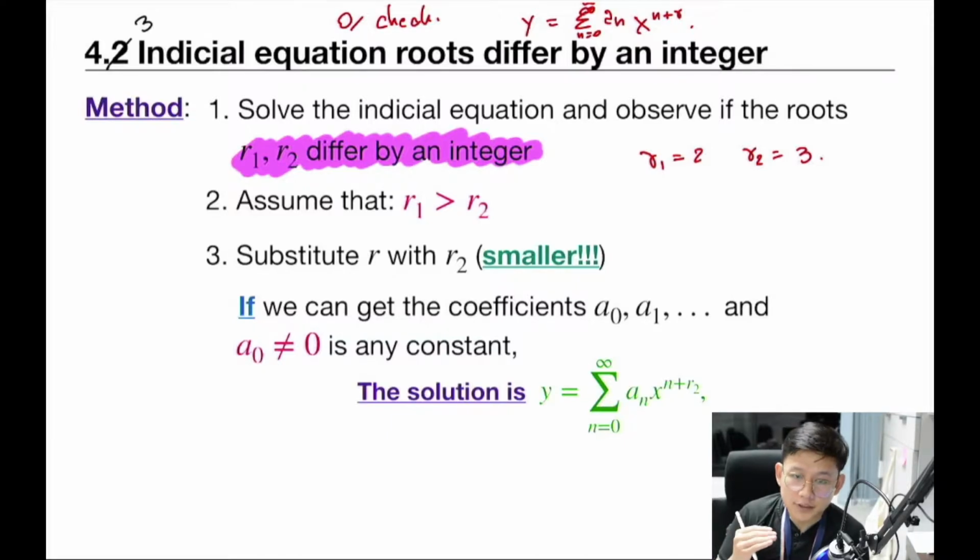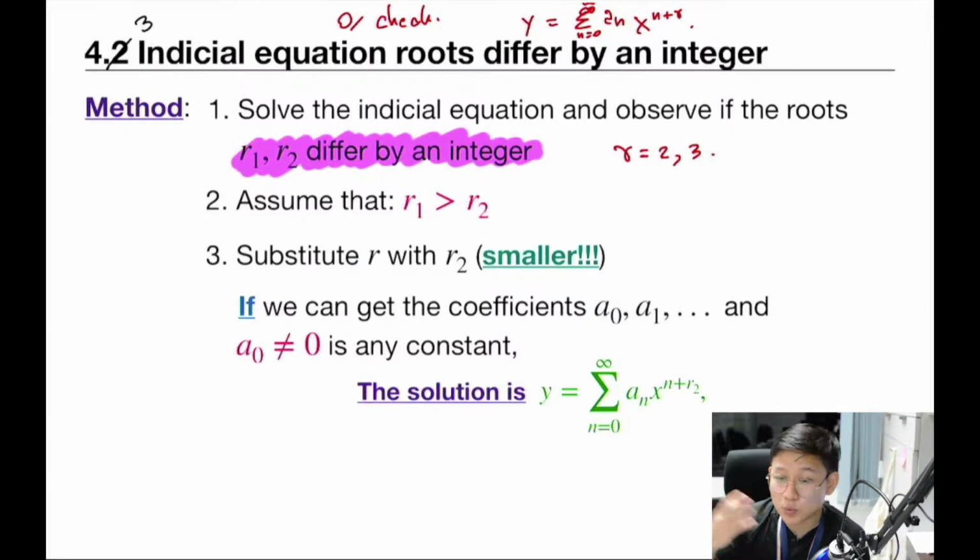First we assume that r1 is bigger than r2. When we solve the indicial equation, we get r equals 2 and 3, and we don't actually know which one is r1 and which one is r2.